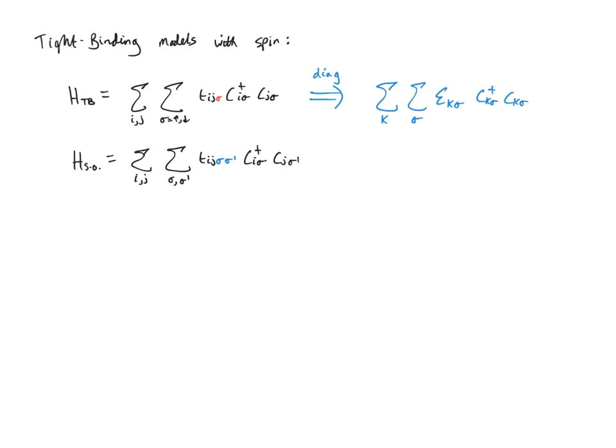And such a Hamiltonian describing spin-orbit coupling in its most general form could arise, for example, if I have orbitals with orbital angular momentum L and spin sigma, and the thing that's conserved is the overall angular momentum, which is the orbital angular momentum plus the spin of the electrons, and therefore this would constitute a spin-orbit coupling.